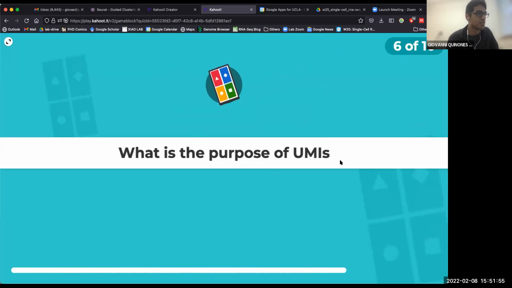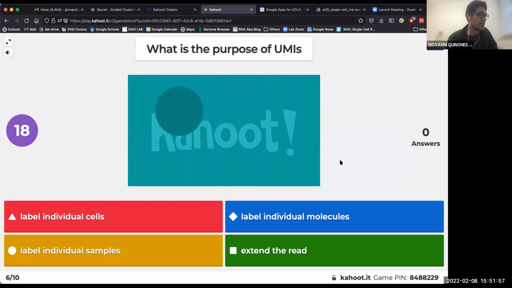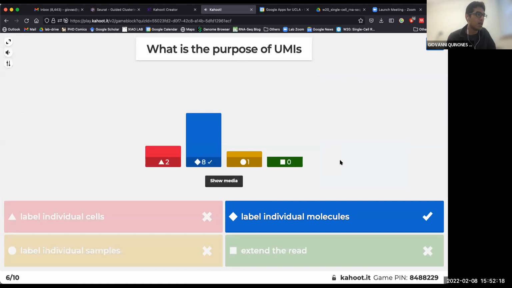What is the purpose of UMIs? A very important feature in single cell RNA sequencing technology. Once again, most people got it correct.